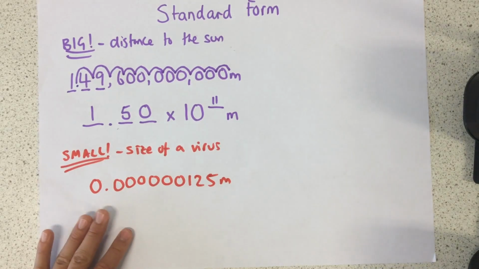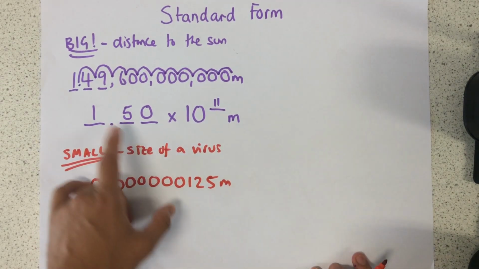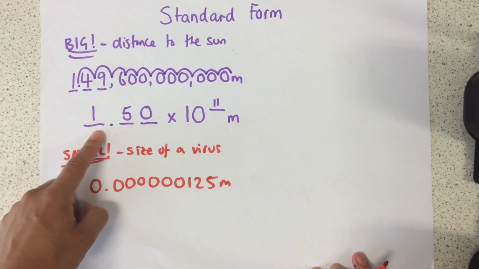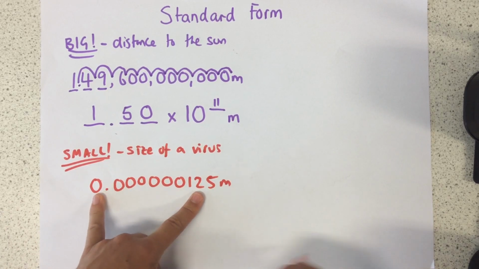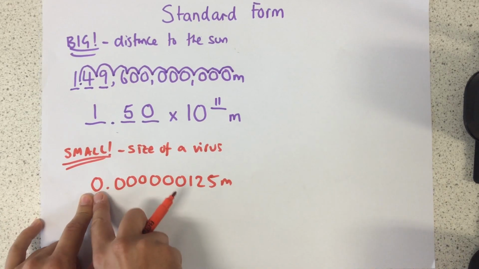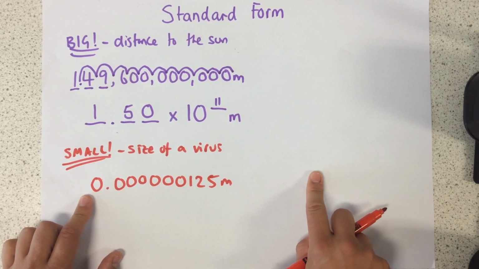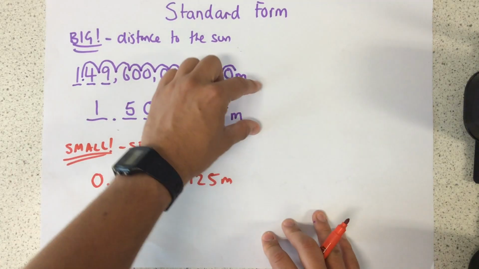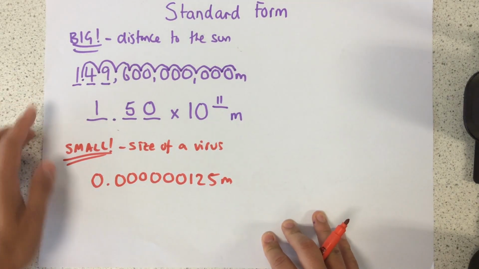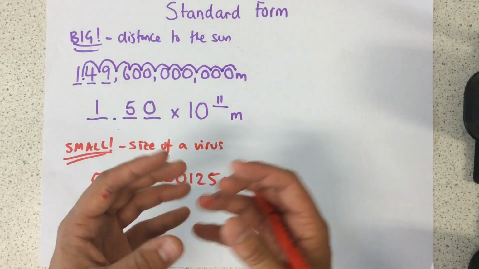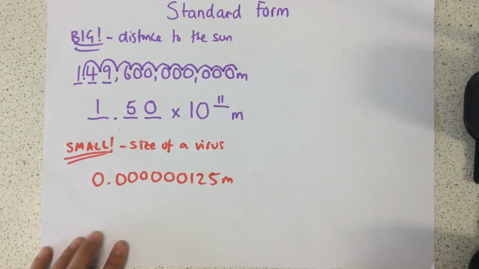Again, the reason we want to show it in standard form is because if we're dealing with viruses or bacteria, instead of having to write out these long strings of zeros every time, we could just write it in a shorthand way by showing it as standard form. So again, it saves time and it's actually easier to read once we get used to standard form.